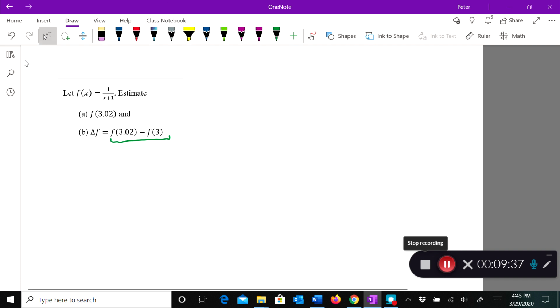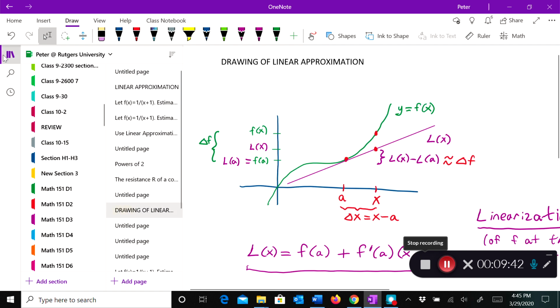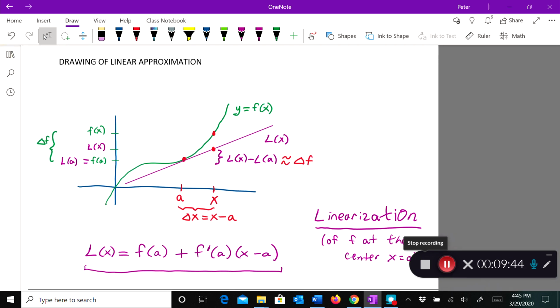So, just going back here, in other words, what I'm interested in really is this value. Not how much the y value would change if I actually followed the original green curve, but rather how much it would change if instead I followed the purple line.